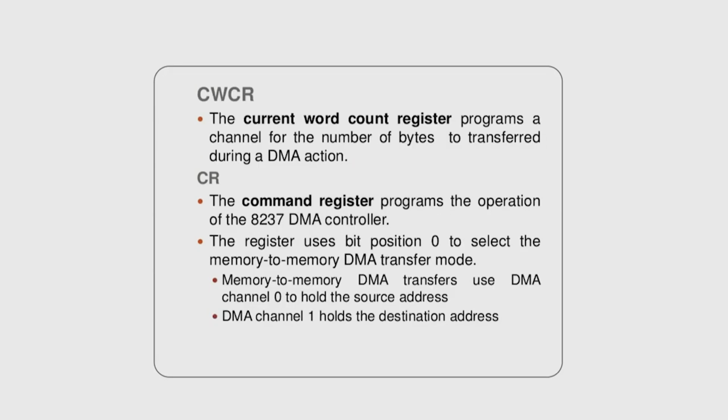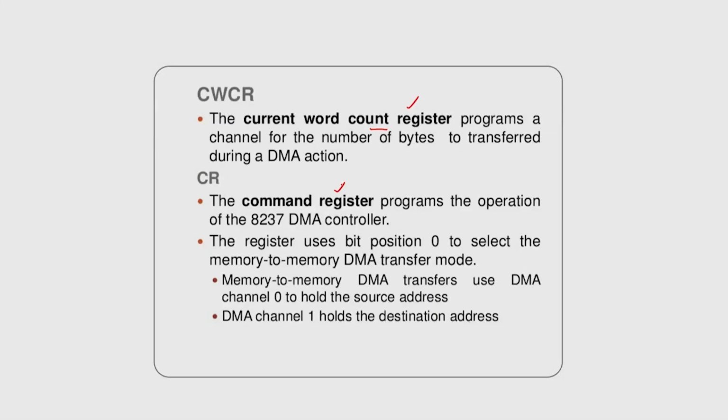Then we have the count register, as I have told. If you know the starting address of the memory, the next question is how many bytes you want to transfer, and that will be stored in this count register. Just now I told that each channel will have 2 registers: the memory address register, which stores the starting address of the memory, and the current word count register, which stores the number of bytes to be transferred.